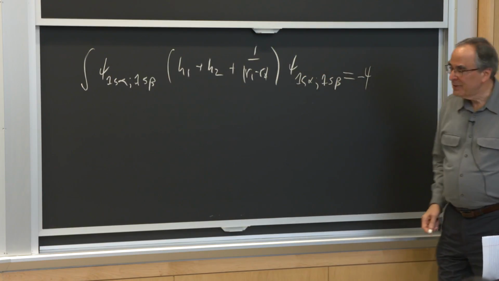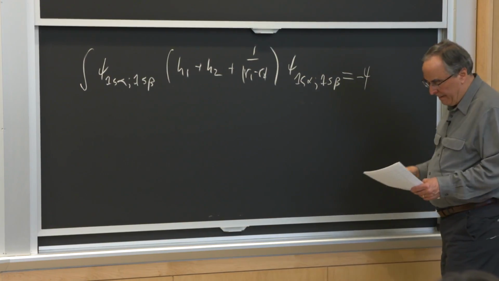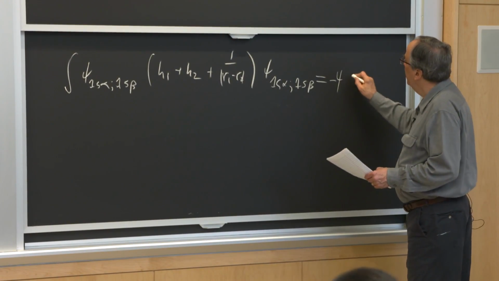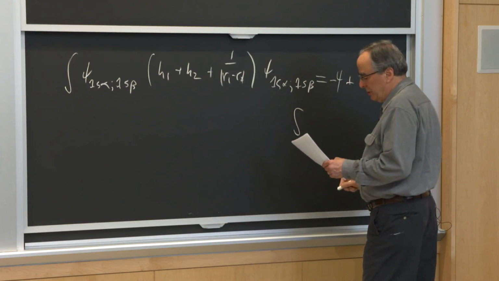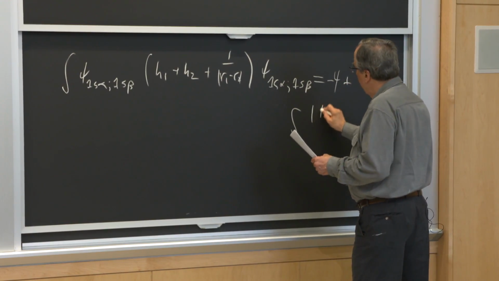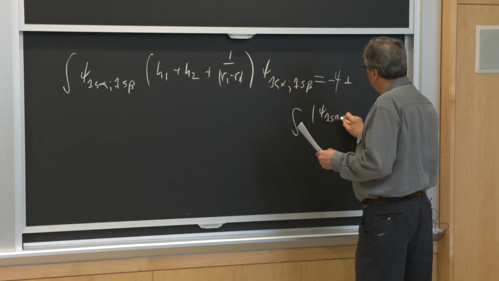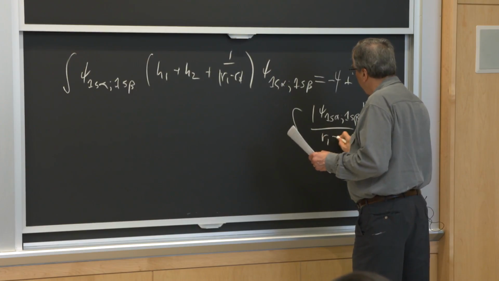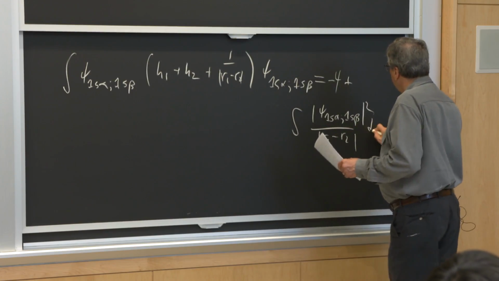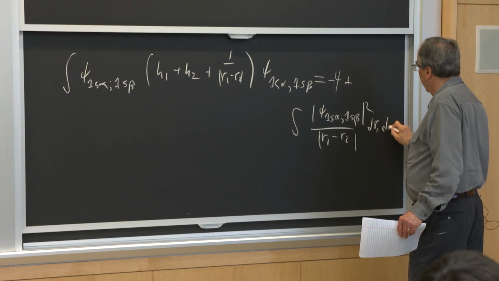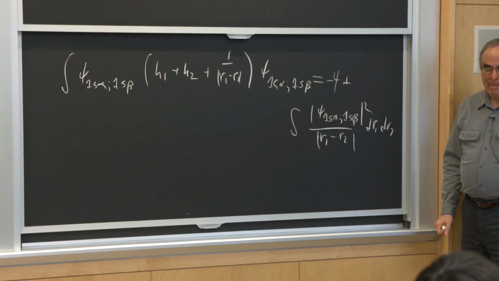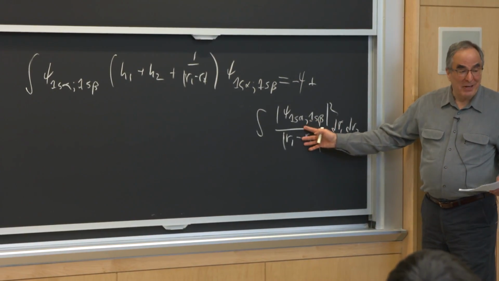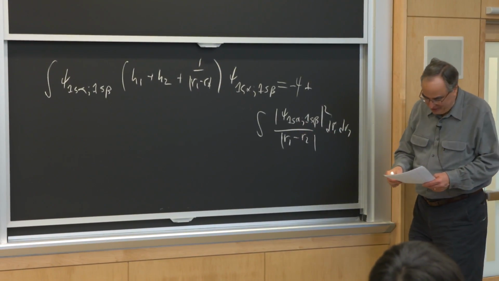And then we get something else, and that's this integral that we don't like, which is the integral of 1s alpha 1s beta squared over R1 minus R2, dR1 dR2. So we can do this integral, or Mr. Macquarie and many of his predecessors can do that integral, and you get a result.